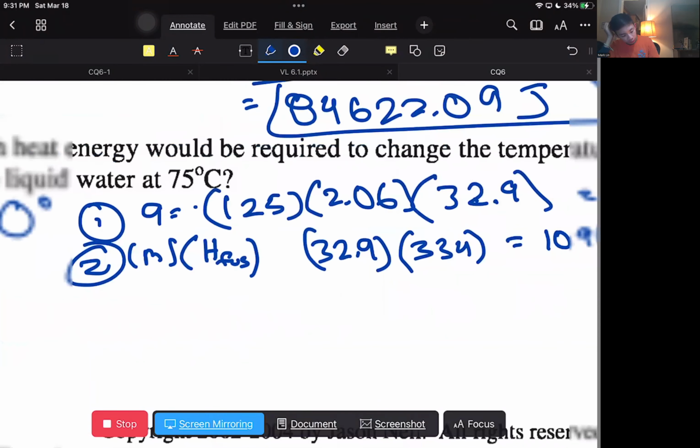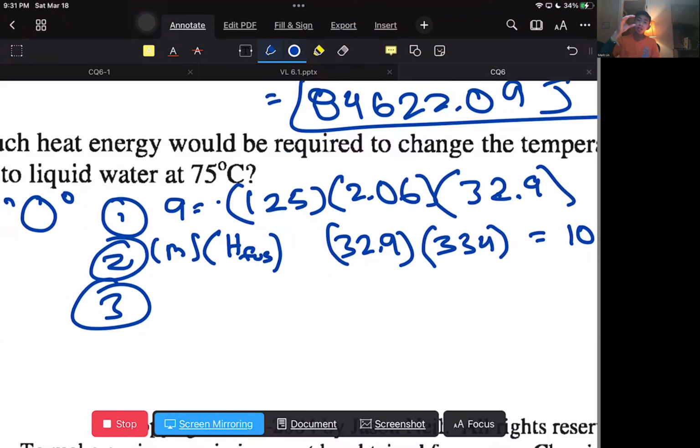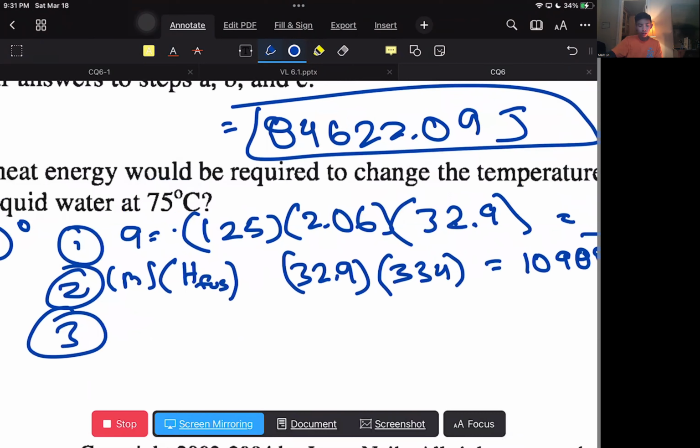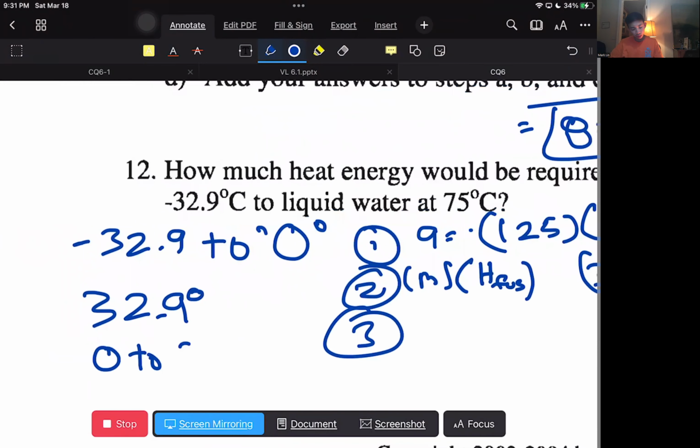And then third, you have to find how much it takes to raise the water from 0 degrees Celsius to 75 degrees Celsius. That temperature change is going to be 75 degrees.